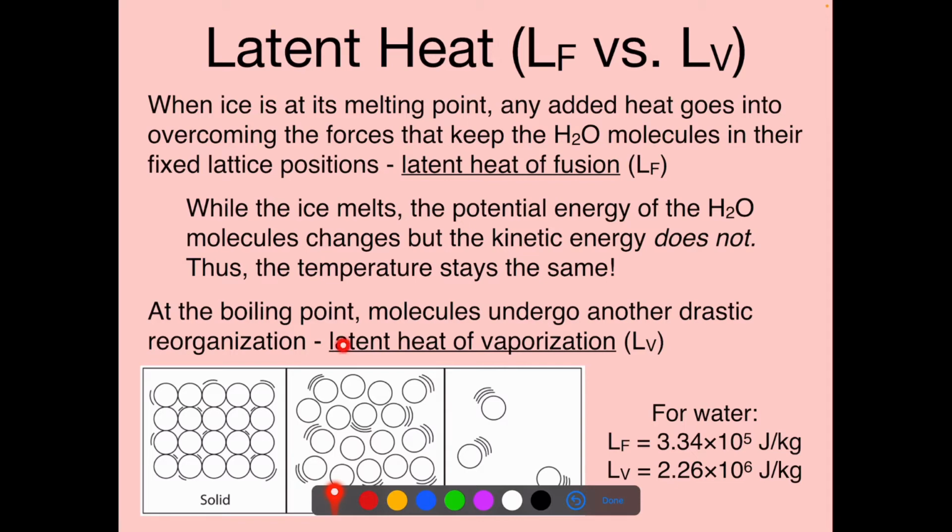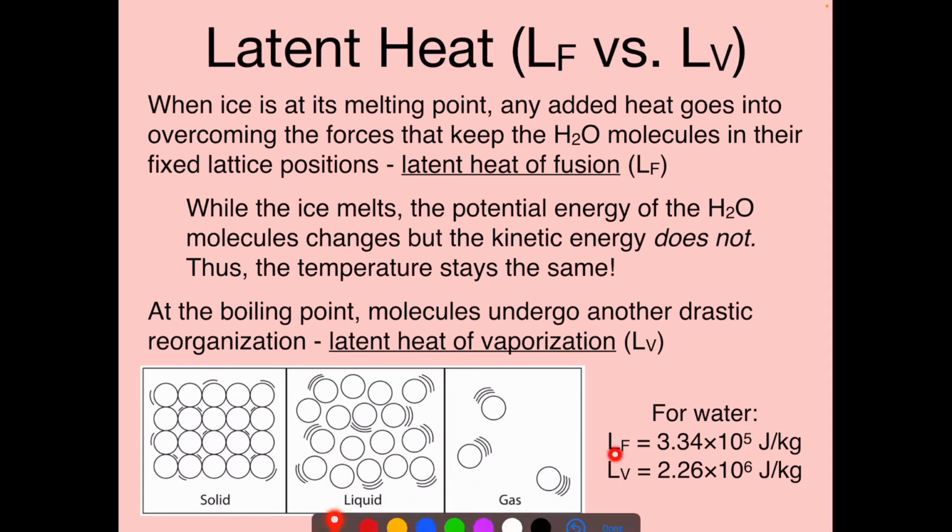This is called the latent heat of vaporization, going from liquid to gas. So for water, the latent heat of vaporization is 2.26 times 10 to the 6 joules per kilogram. Again, that means if you have a kilogram of liquid water at the boiling point, it's going to take 2.26 times 10 to the 6 joules of energy to get all of that water to evaporate.